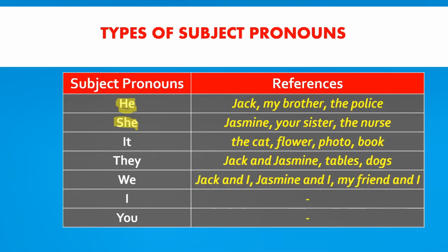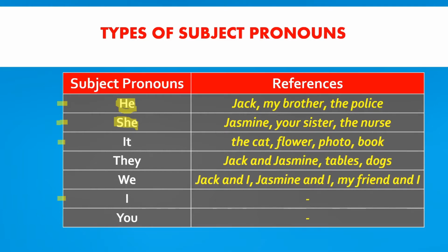Please take note, remember, when you use the subject pronoun he, she, it, or I, it means that there's only one person. So, for the subject pronoun she, the example here you can see Jasmine, your sister, and the nurse.